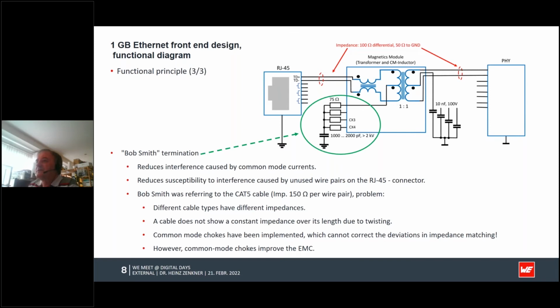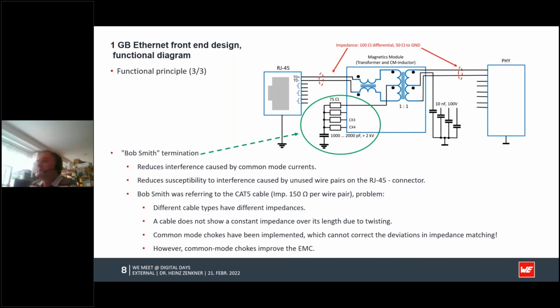This should reduce interference caused by common mode currents, because we have a kind of symmetrization by the center tap here. And this also reduces, vice versa, interference which is radiated from outside or induced by inductive disturbances into the cable, which then drains that noise to the ground if it is in common mode.